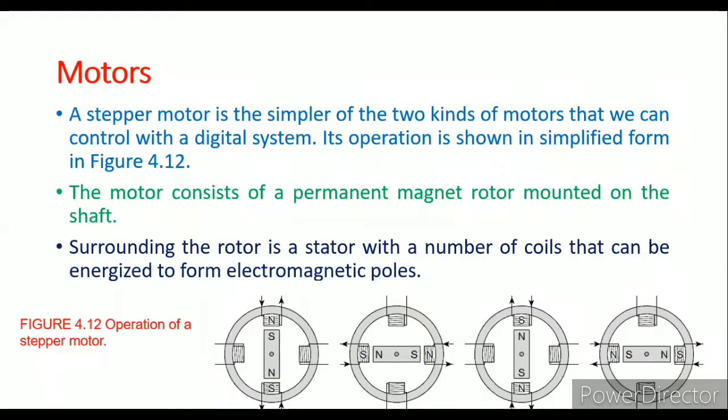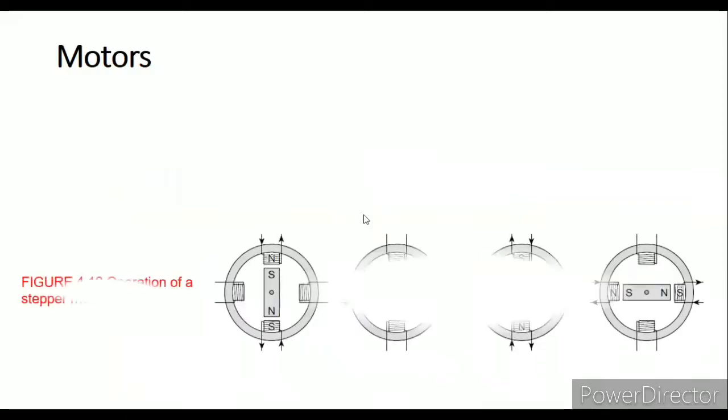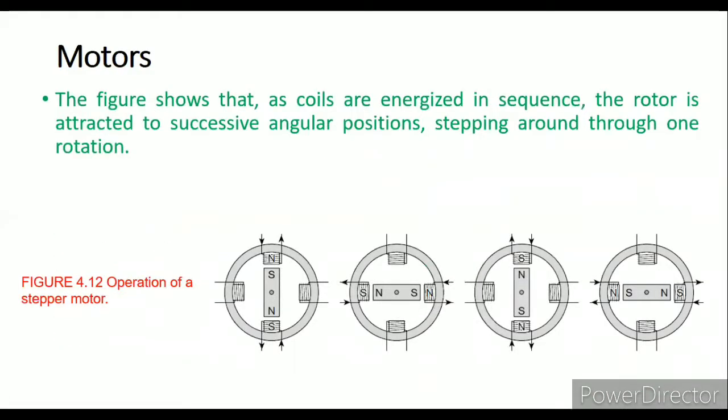Whatever current is passed to a particular coil generates an electromagnetic field around it and starts moving the motor. The figure shows that as the coils are energized in a sequence, the rotor is attracted to successive angular positions, stepping around through one rotation. So it rotates in a sequence.